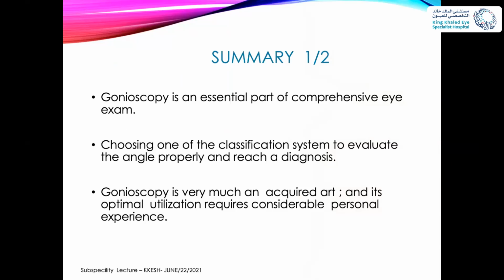So in summary, gonioscopy is an essential part of the comprehensive eye exam, and choosing a proper classification to evaluate the angle properly to reach a diagnosis. And gonioscopy is very much an acquired art, and the optimal utilization requires considerable personal experience and a lot of patience.